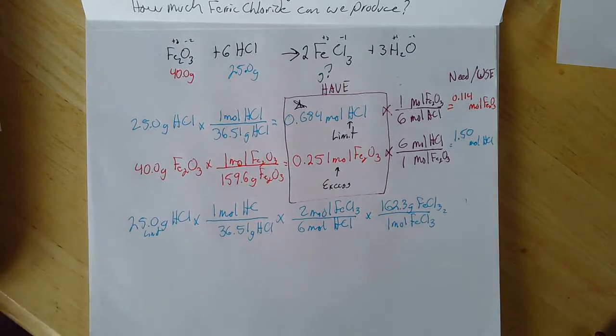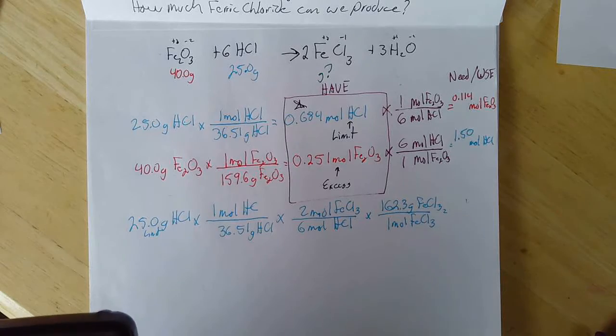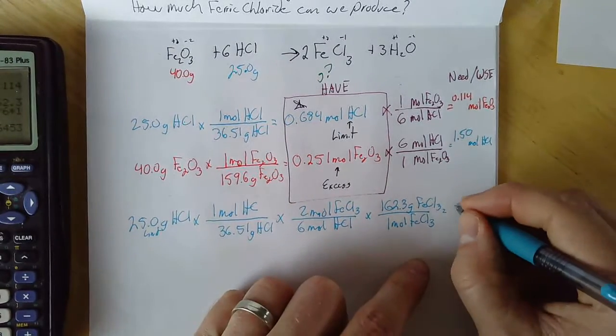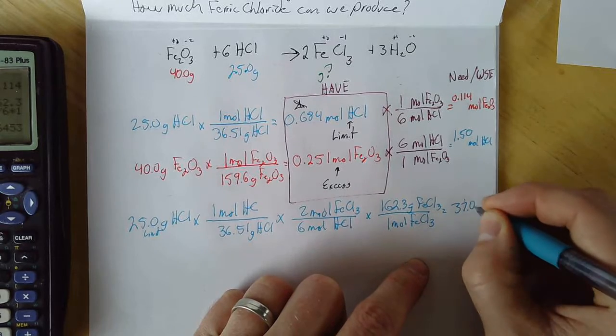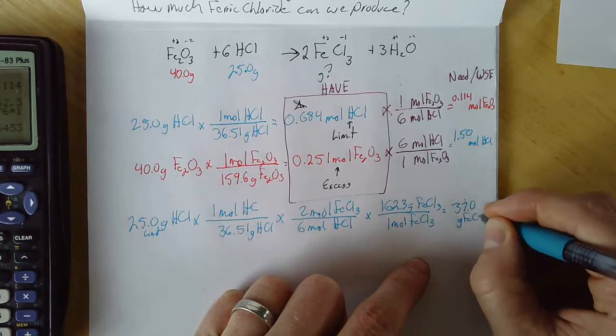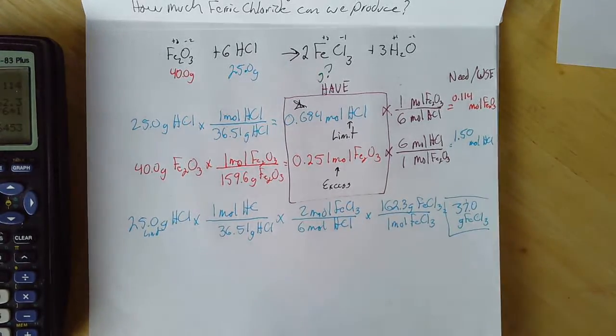Put that all into the calculator, and we should be able to produce 25.0 divided by 36.51 times 2 divided by 6 times 162.3. And we come up with being able to produce 37.0 grams of FeCl3. Okay.